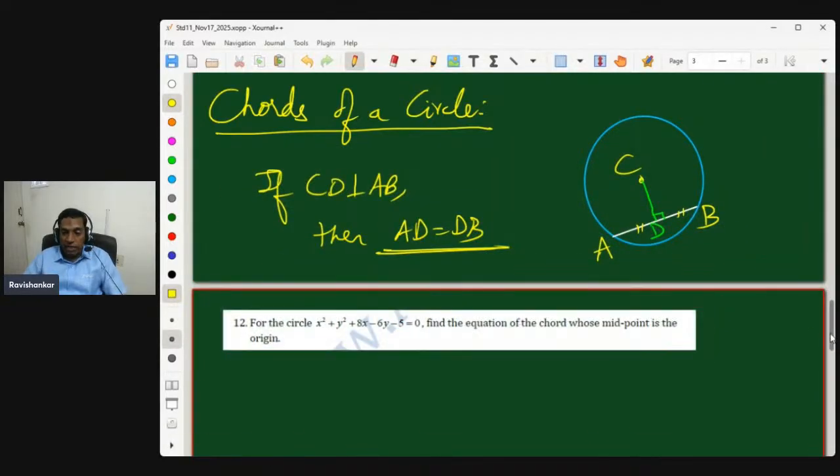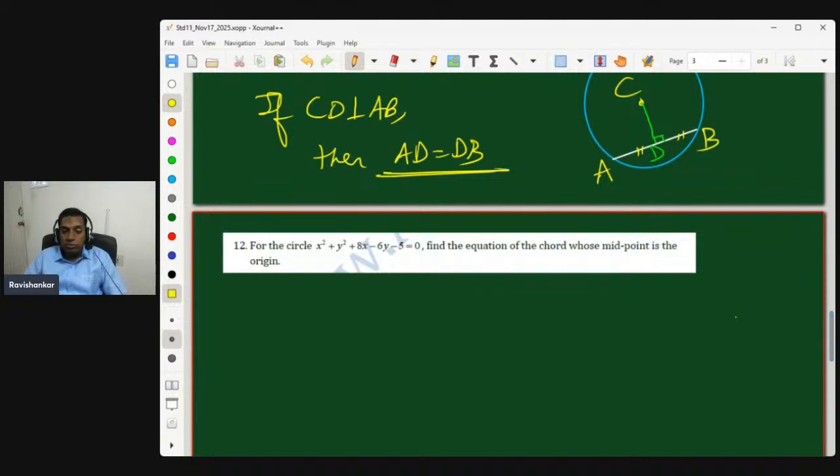We have to find the equation of the chord whose midpoint is the origin for question 12. Please go ahead and use this.